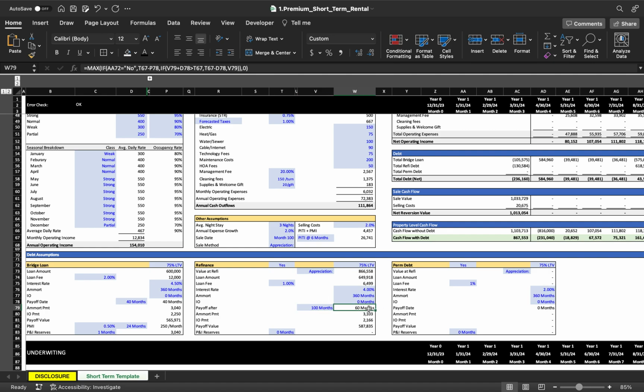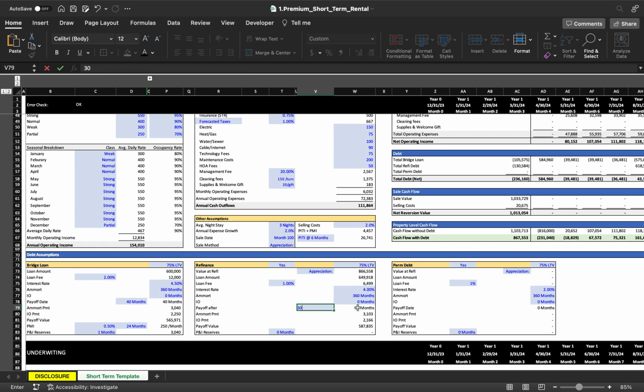You'll see this is only 60 because it says you're selling the asset in month 100. So all of this is just calculated. I'm probably digging too much in depth, but all of this is calculated to reduce manual user error, to show you what your refi is and how much your payoff value is. So what are you paying at this time to pay off that debt that you currently have outstanding?